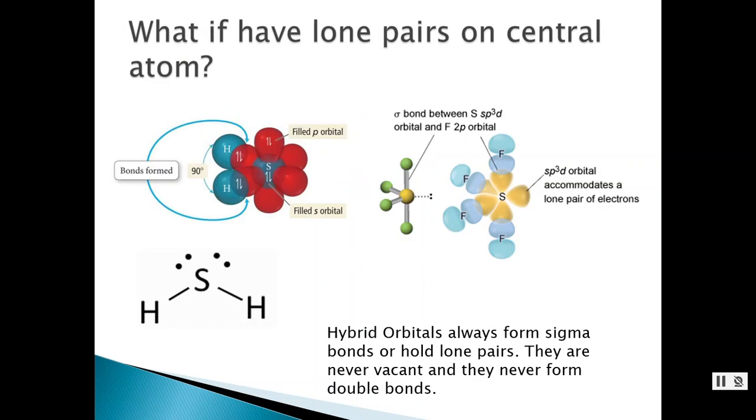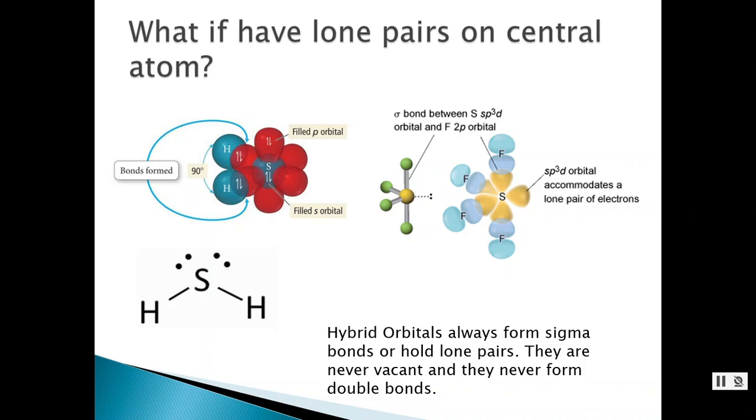One other point to make before we end this little vignette. All of the orbitals and interactions we've talked about so far with regards to the central atom have been with regards to covalent bonds, or sharing electrons with those outer atoms.